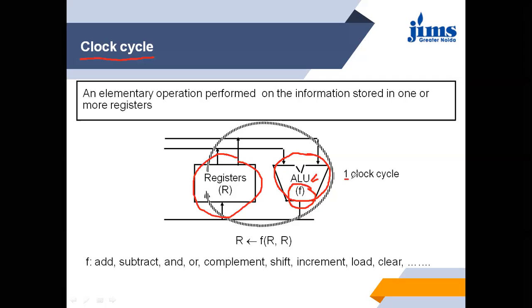So in a clock cycle, the operation is performed: take the data from the register, perform some operation, and return the data back. This operation, as I told you, F is a function, can be add, subtract, and, complement, shift, increment, load, and clear, as we discussed in the last slide.